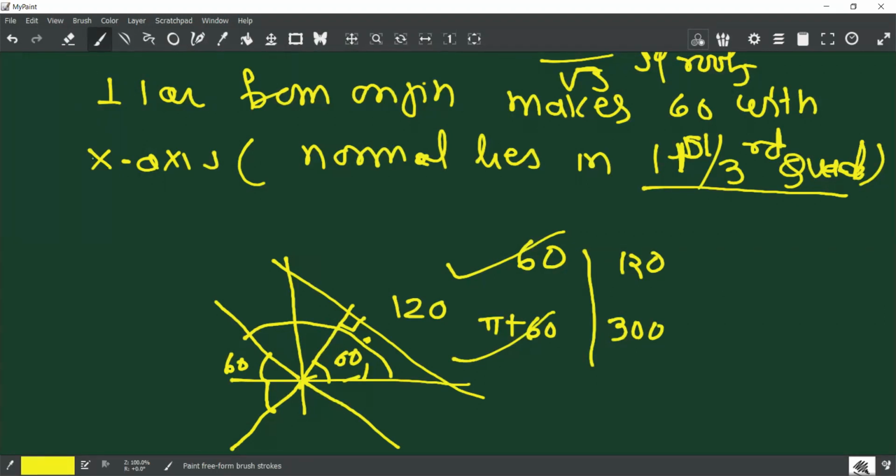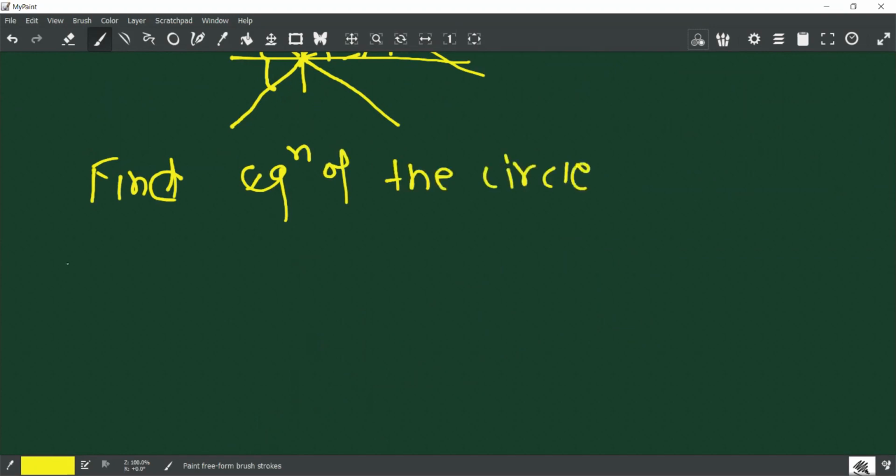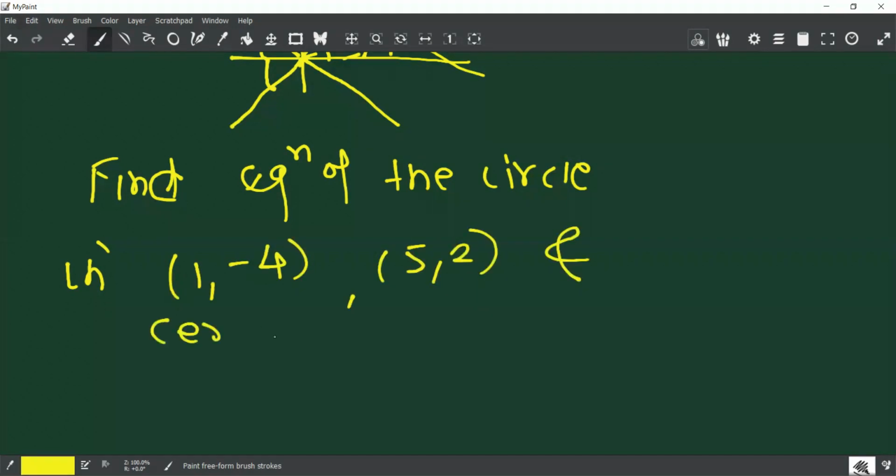Find the equation of the circle through 1, -4, 5, 2, and center lies on x minus 2y plus 9 is equal to 0.